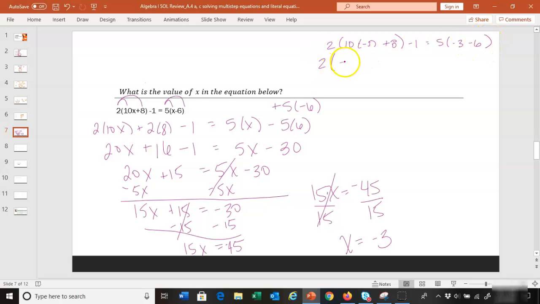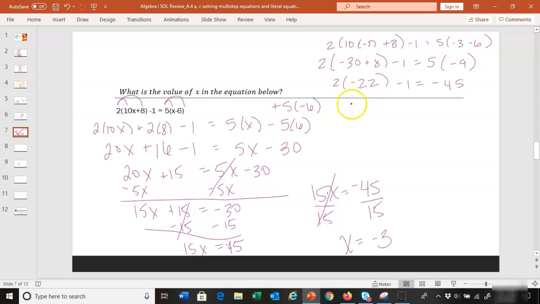All right, so we have -30 plus 8 there on the inside and -9. -30 plus 8 is -22. 5 times -9 is -45.